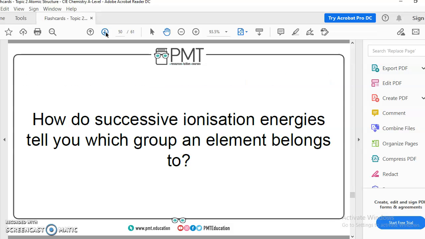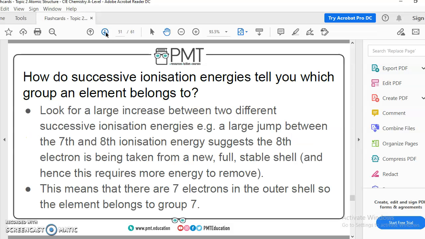Now, how do successive ionization energies tell you which group an element belongs to? This depends upon the number of protons available.